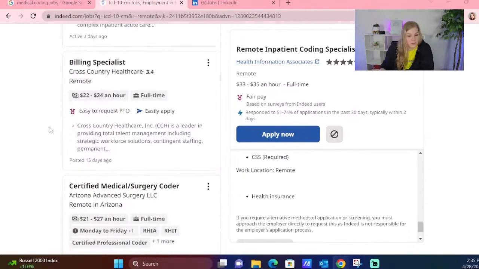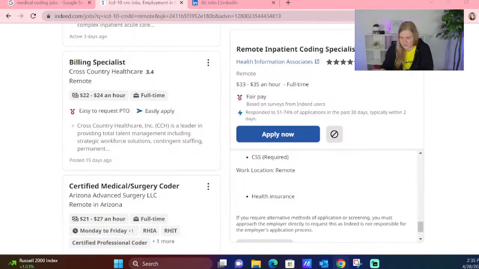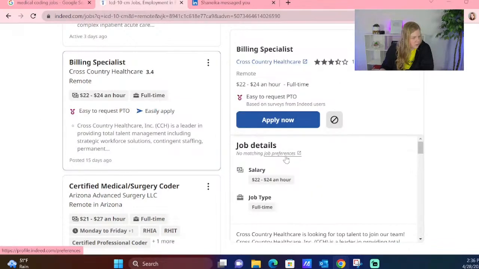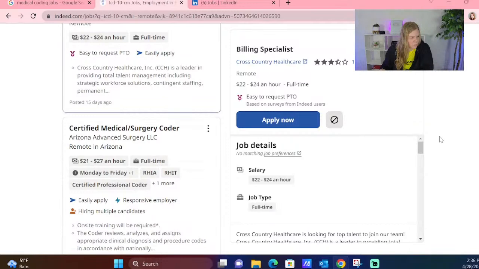Okay, here's one, billing specialist. So because we just looked for ICD-10-CM, we pulled up some stuff that's not necessarily coding positions. So if we look at this one, let's see what they're saying as far as what they're looking for.